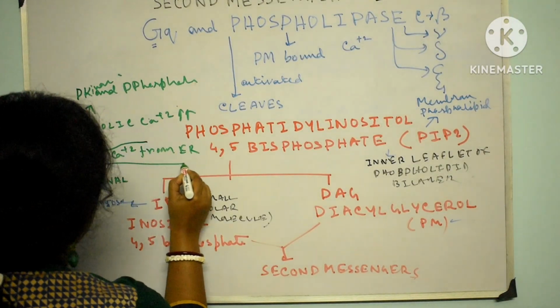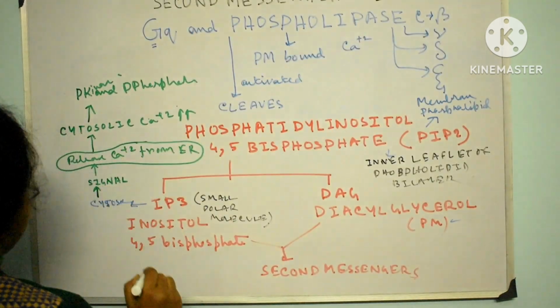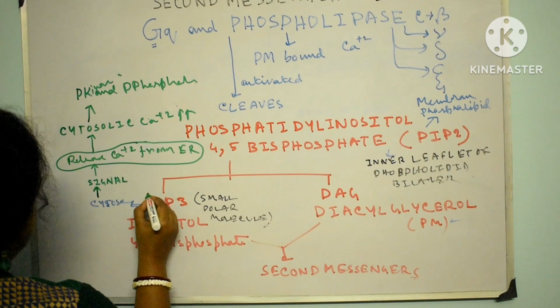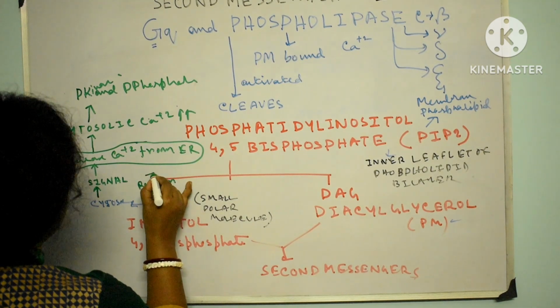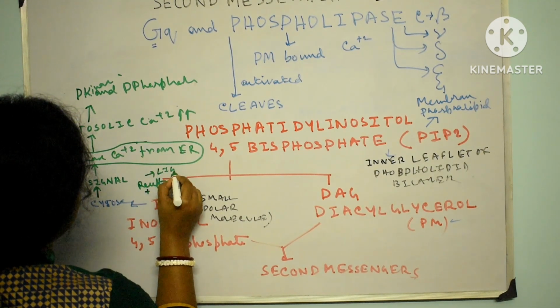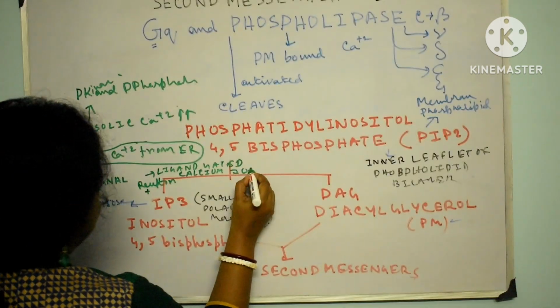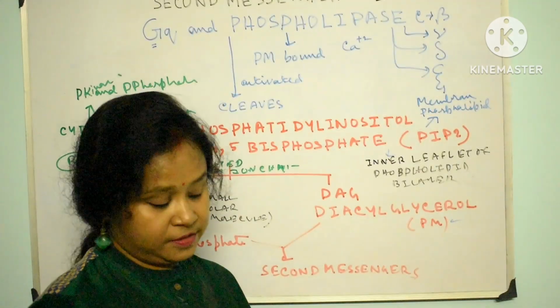For this release of calcium from the endoplasmic reticulum, IP3 binds with a receptor. This causes a ligand gated calcium ion channel to open.